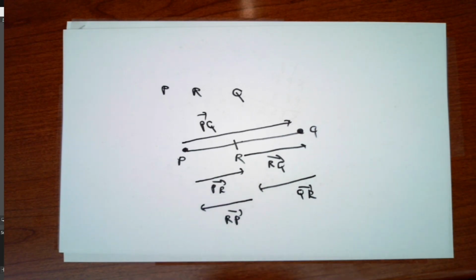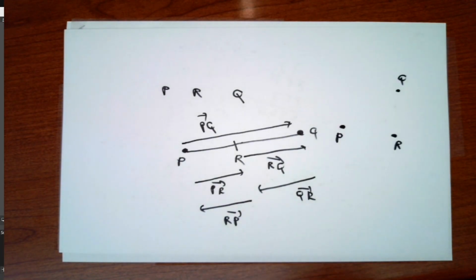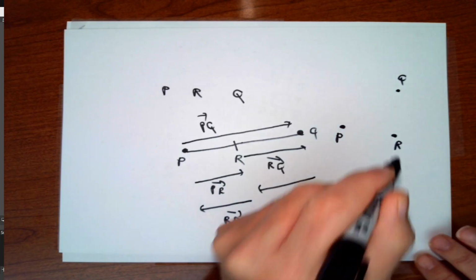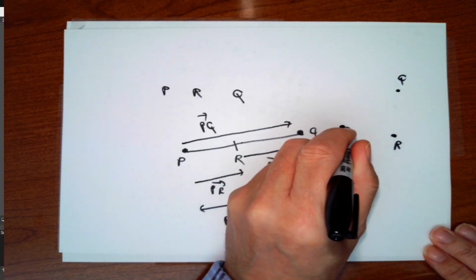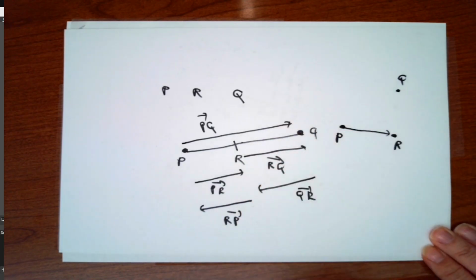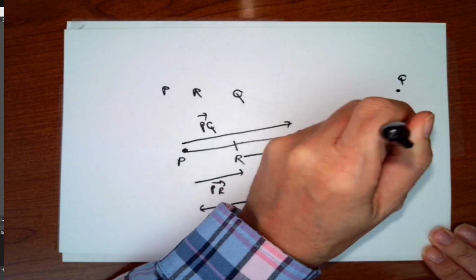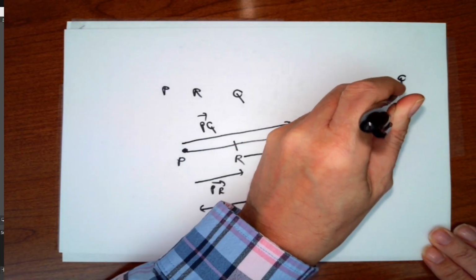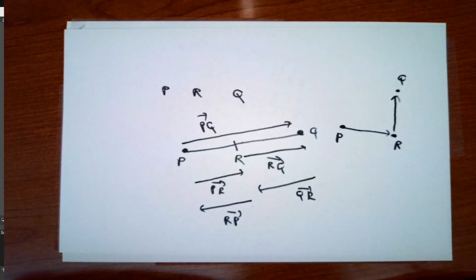Now, on the other hand, suppose that R is not on the straight line from P to Q. So in this case, I form the straight line segment from P to Q, but R is not there. That means that if I travel from P to R, I have to change direction in order to travel from R to Q. Those two vectors are not along the same straight line direction.